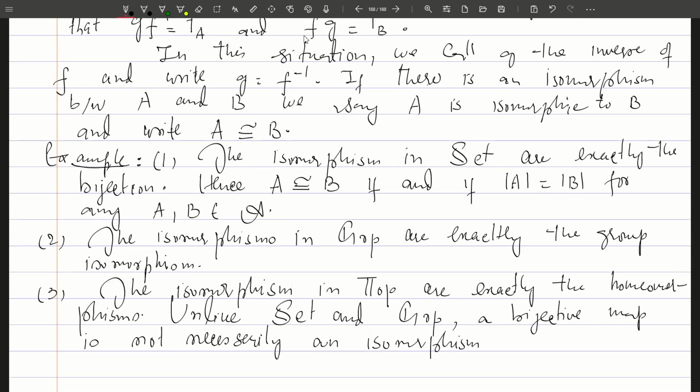Here's an example. A classical example is the following map. Let us take two topological spaces.